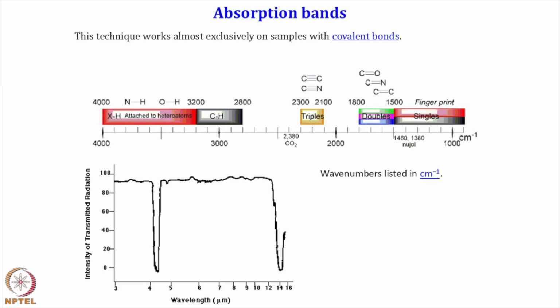So you have single bonds, then CC, CN, CO bonds coming in 1400 to 1800, then triple bonds, C triple bond C, C triple bond N, then the CH, NH and OH frequencies. These are the typical frequency ranges of functional groups, right.